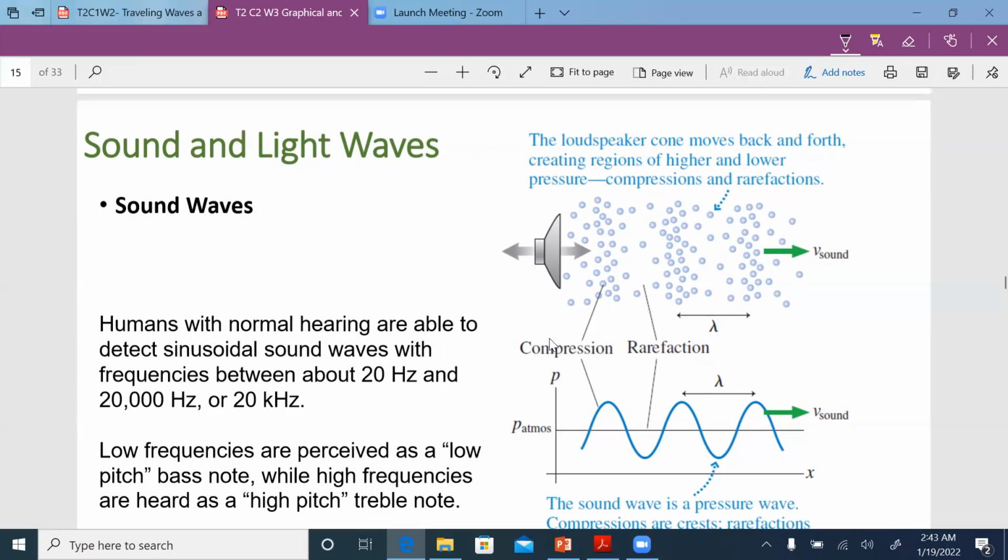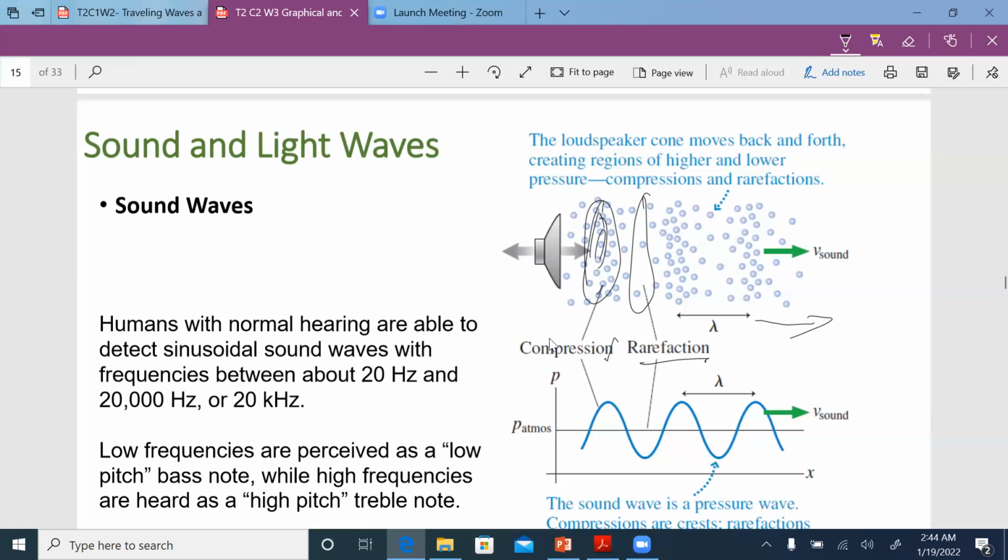Okay, so we'll have the area of clustered air particles to be the compression, then the rarefaction, the area of sparse air particles. So this continues to go in the direction until it gets to the human ears.